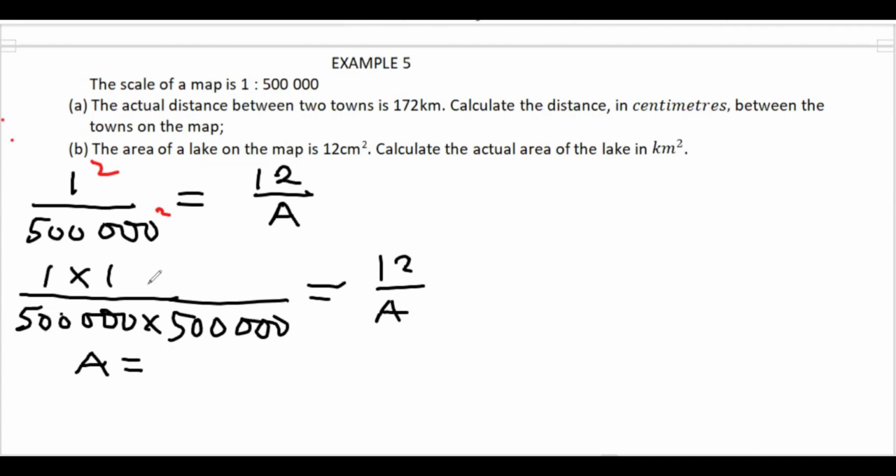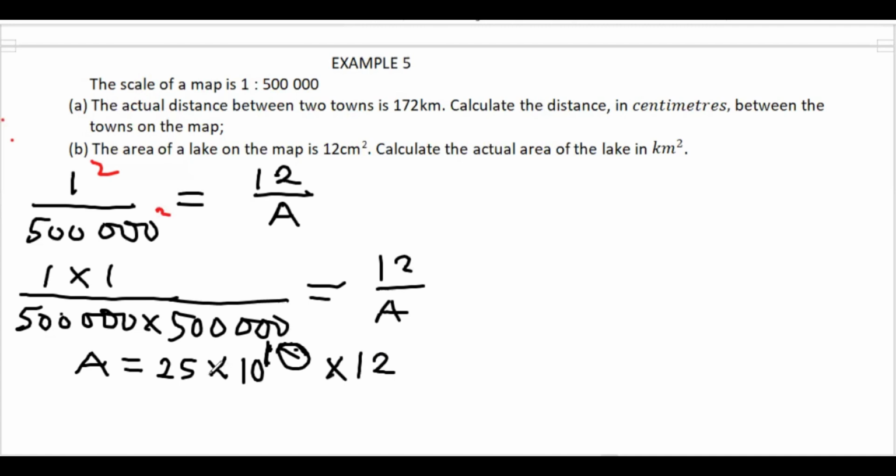Let's do it this way: 5 times 5 is 25, and we have 5 zeros here and 5 zeros here, that is 10 to the power of 10. So 25 times 10 to the power of 10 is then used to multiply 12. That's the value of A.